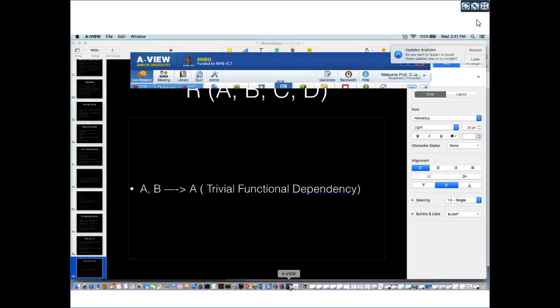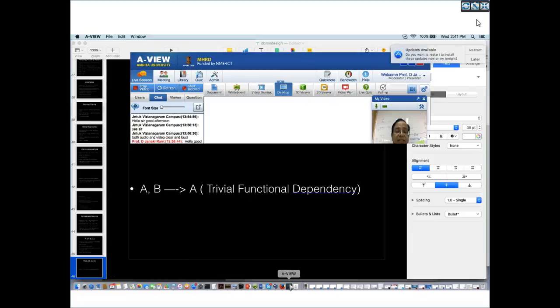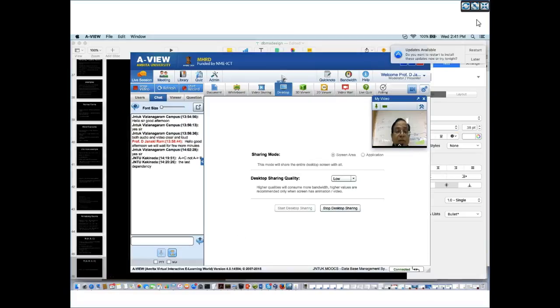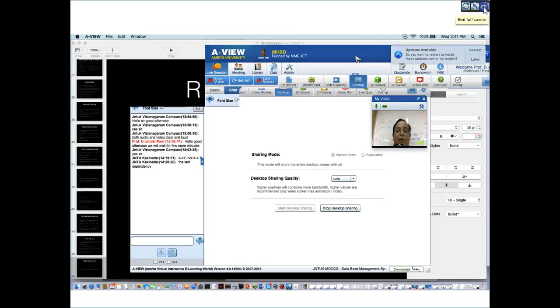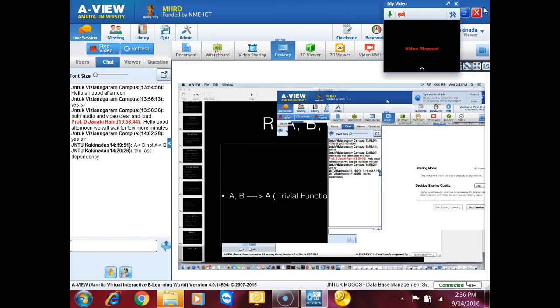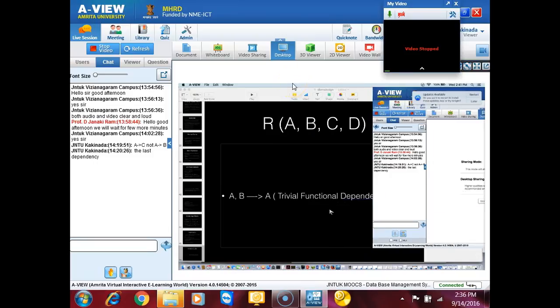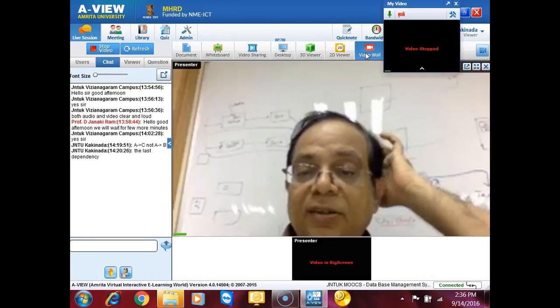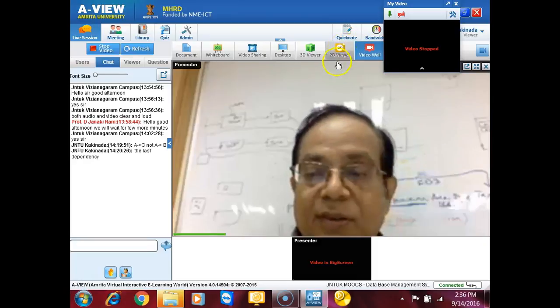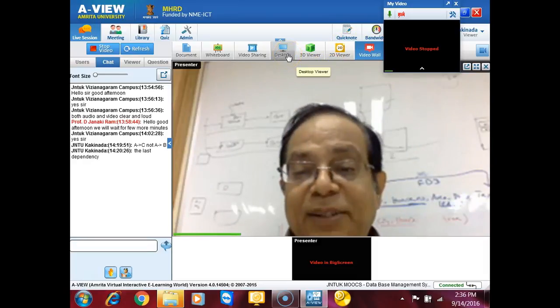Why is this trivial functional dependency true? How will you prove this axiom? That's the important understanding that you should build.